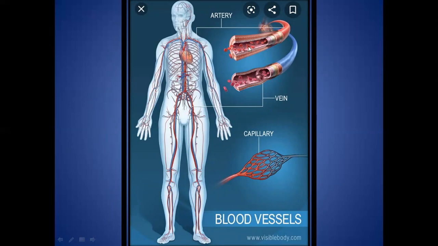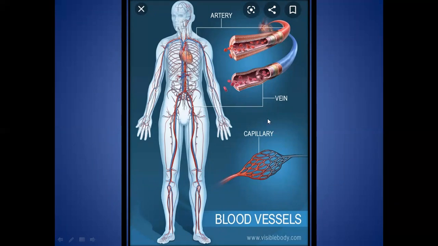The red color shows that the arteries carry oxygenated blood or clean blood, and the blue color of the veins shows that they carry deoxygenated blood. And half blue and half red color shows that the capillaries carry oxygenated as well as deoxygenated blood.